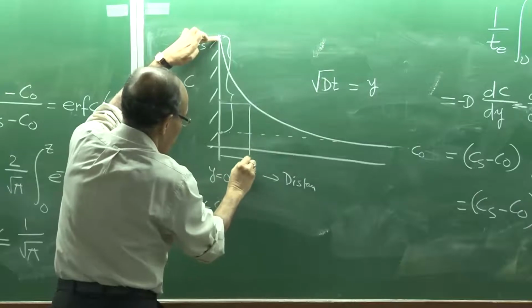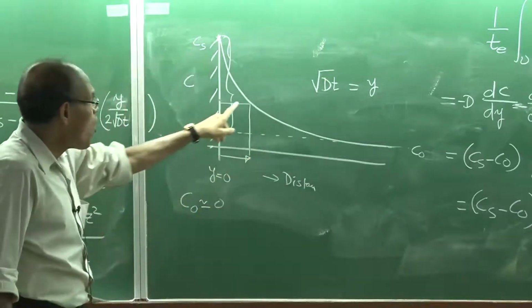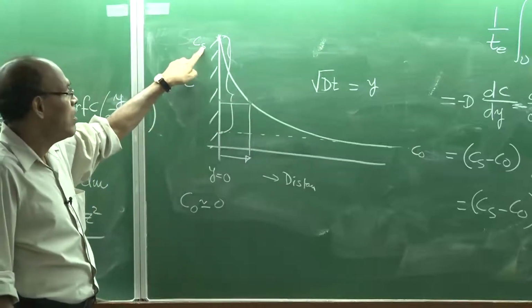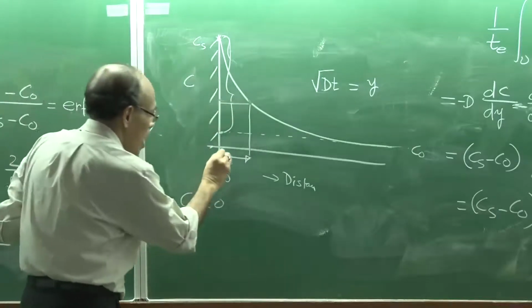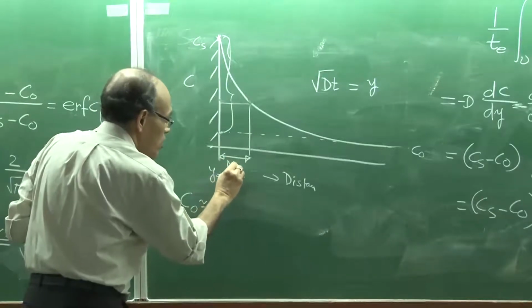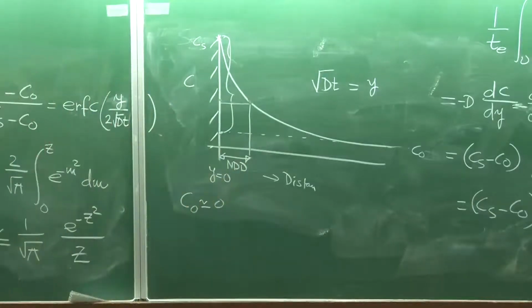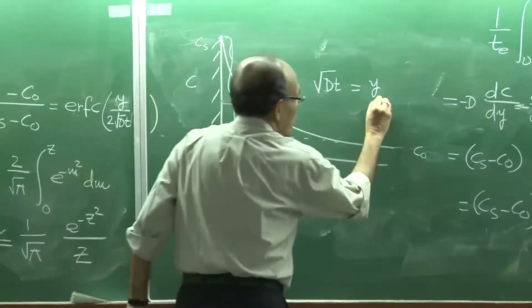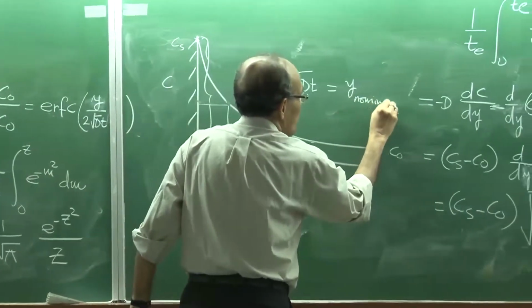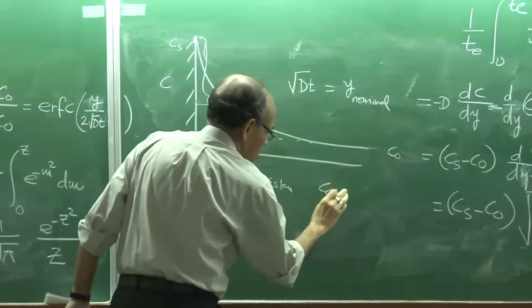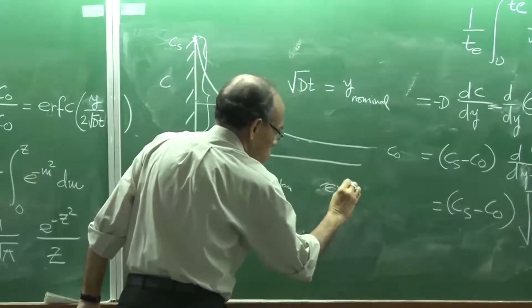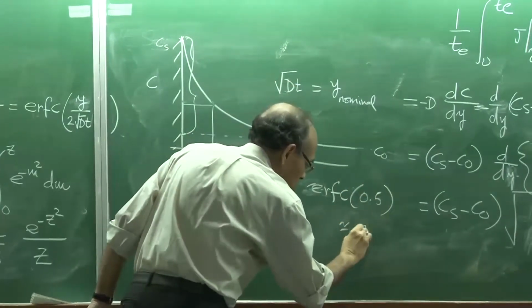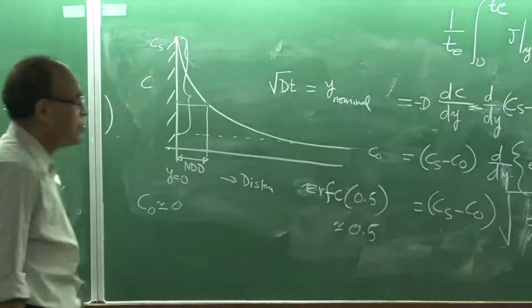And so, the point at which the concentration reaches 50% of the surface concentration is termed as the nominal diffusion distance. And that nominal diffusion distance is equal to, because complementary error function ERF of 0.5 is approximately equal to 0.5.